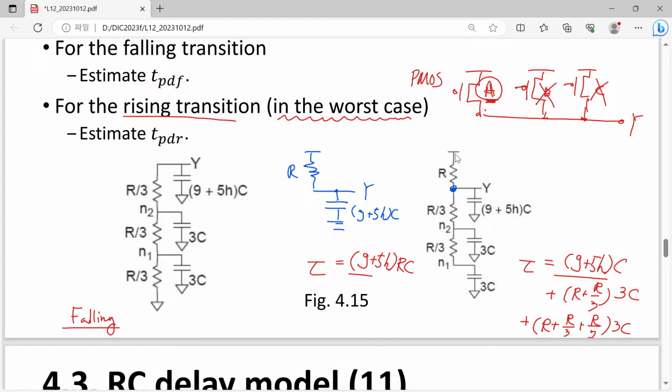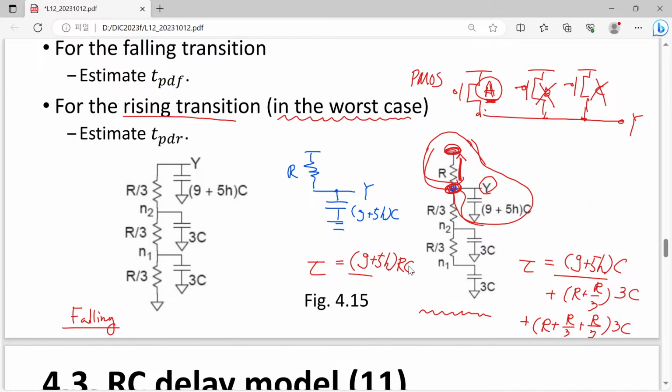Please note that this VDD is to provide charging current. And what is the final destination? What is your target? Your target is located here. And please consider the path. The path is this one. So, although the case is shown here, in order to charge this Y, only this route is the effective route.